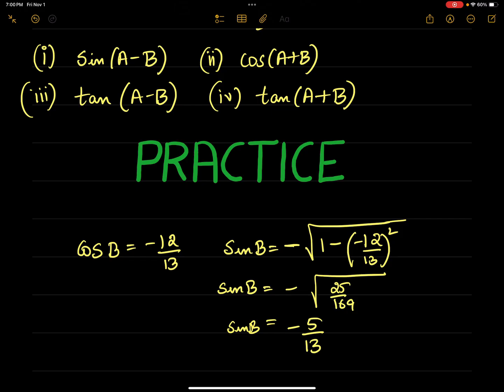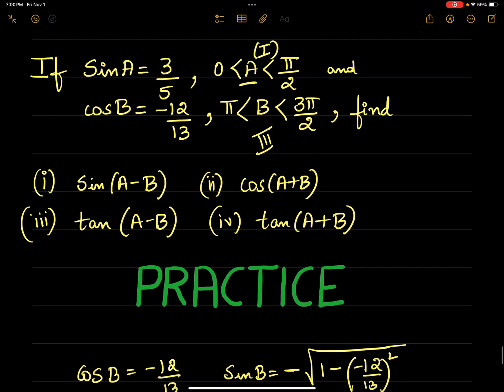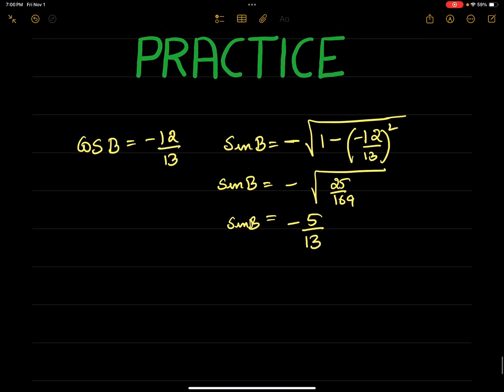Now the other information given to us is sin A is equal to 3 by 5.